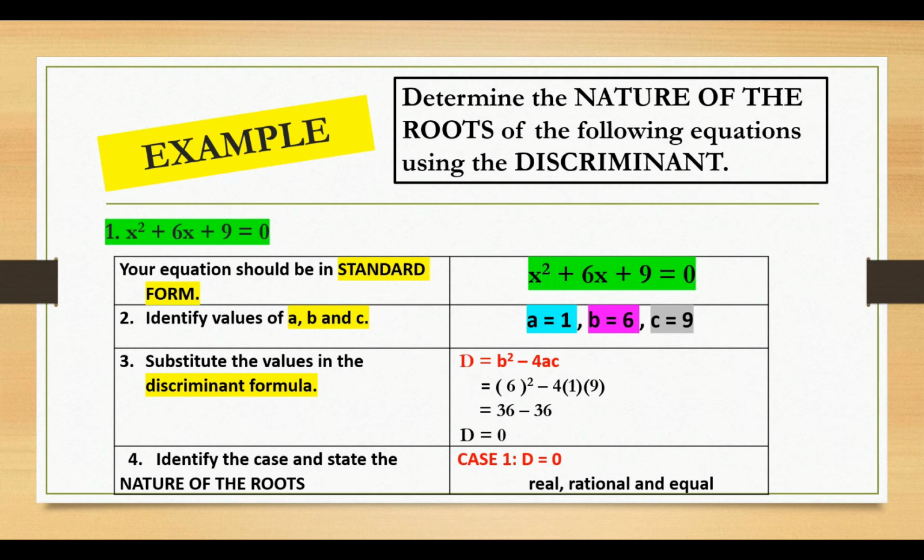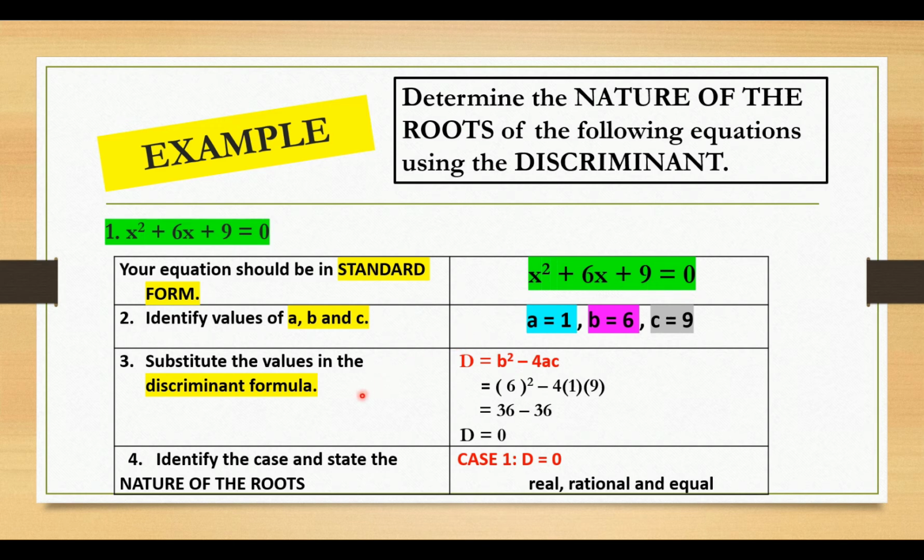Step 1, your equation should be in standard form, and upon checking, the given equation is already in standard form. Step 2, identify the values of a, b, and c. We have a as 1 from your quadratic term, b is 6 from your linear term, and c is 9 from your constant term.